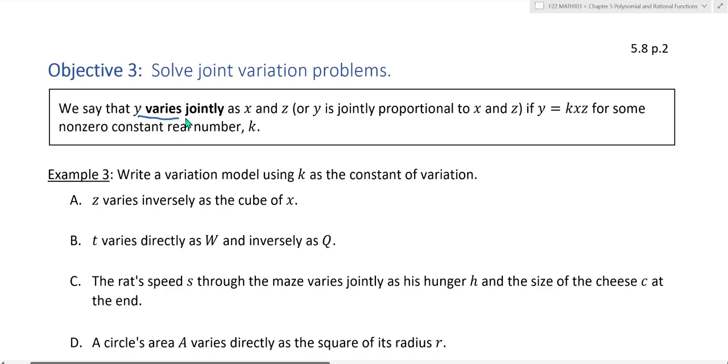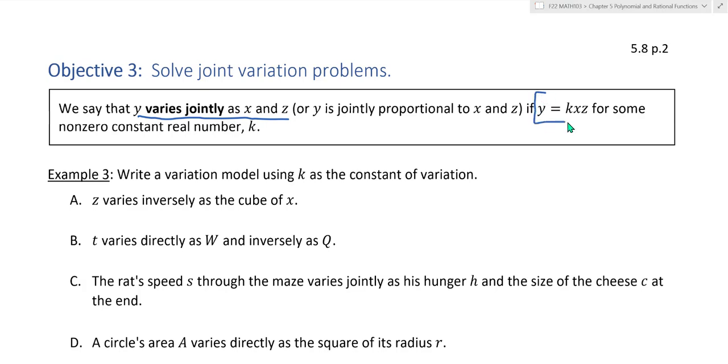So if we have y varies jointly as x and z, or y is jointly proportional to x and z, it's like saying that y is directly proportional to both x and z, or y varies directly as both x and z.